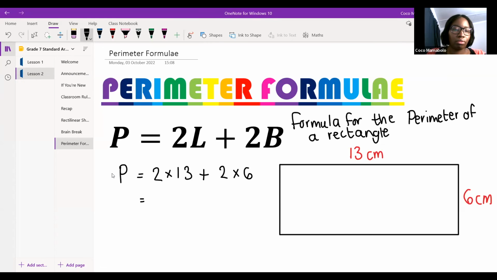It's 26. Good. Plus 2 times 6 is 12. Excellent. Then I'm going to go therefore, the perimeter is 38 centimeters. Excellent. That was very beautifully done. Well done, Bucher. Thank you, ma'am.